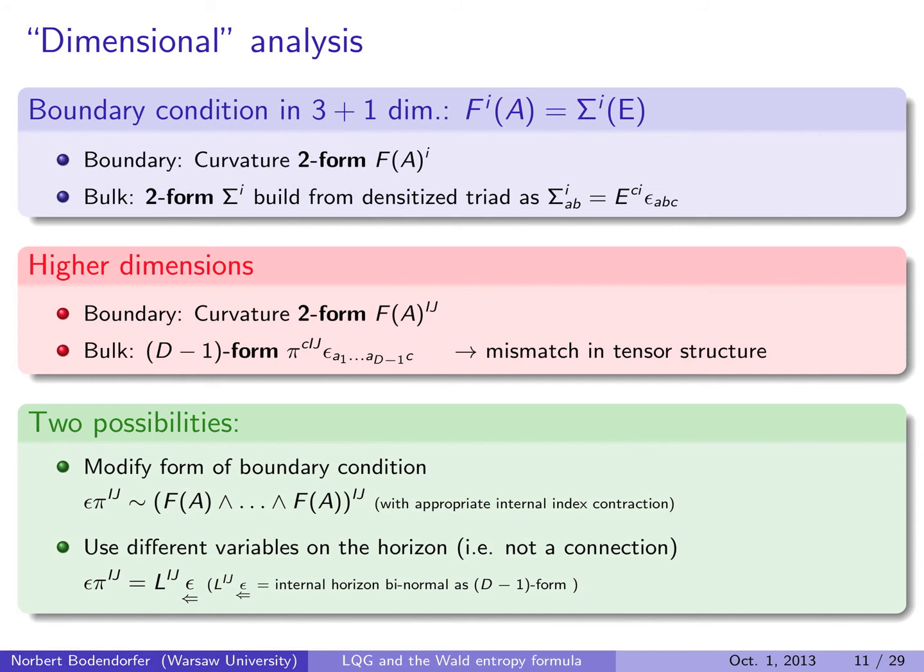And this L later will turn out to be a so-called binormal of the horizon slice, so it's an antisymmetric product of two normals of the horizon slice.